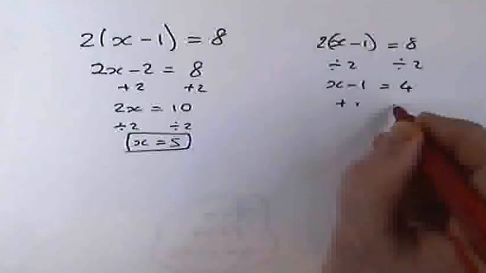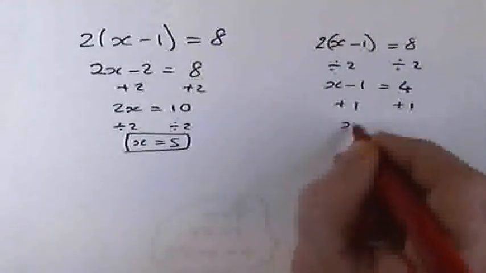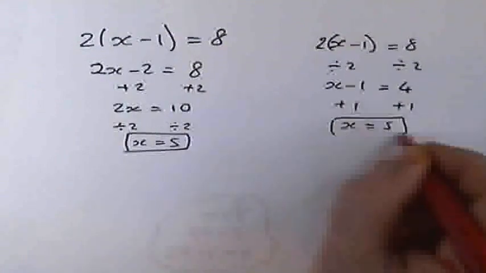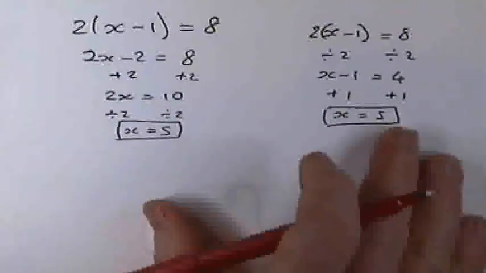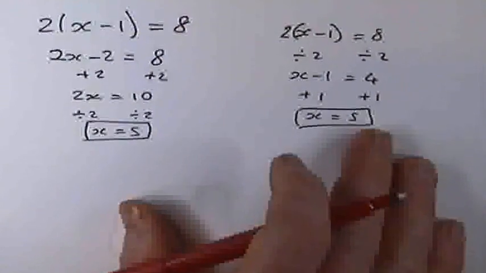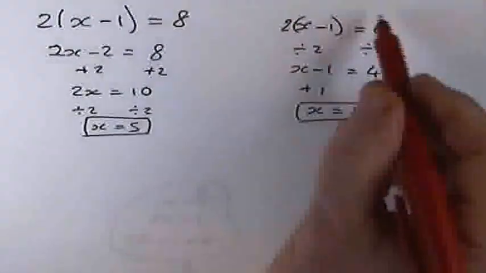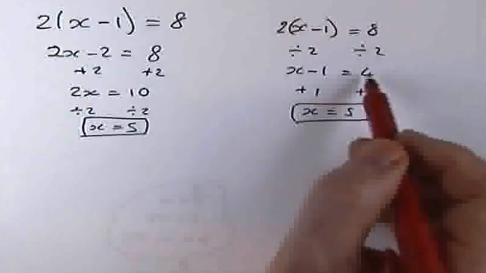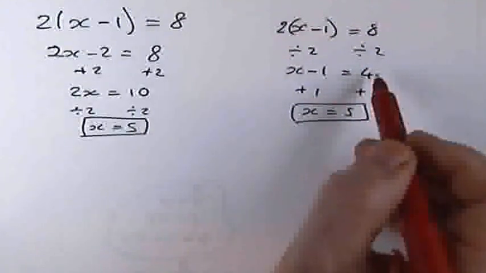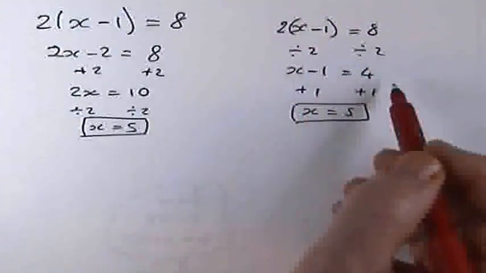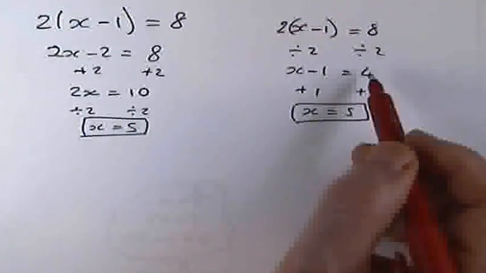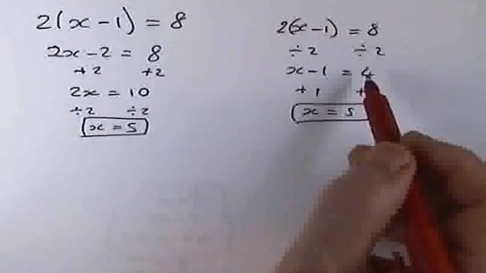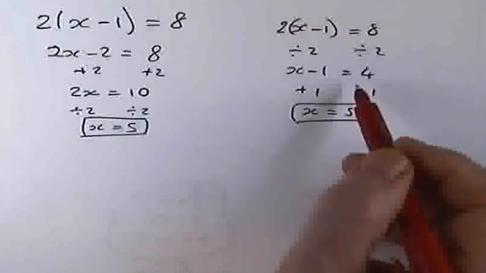And then we add the 1 to both sides, and that gives us x equals 5 as well. But the reason why I don't use this method as often is that if that 8 there was not a multiple of 2, we wouldn't have got a whole number answer here for the 4, which means we would have had to deal with fractions. And typically students aren't as good at using fractions as they should be, so then they struggle with that last step.